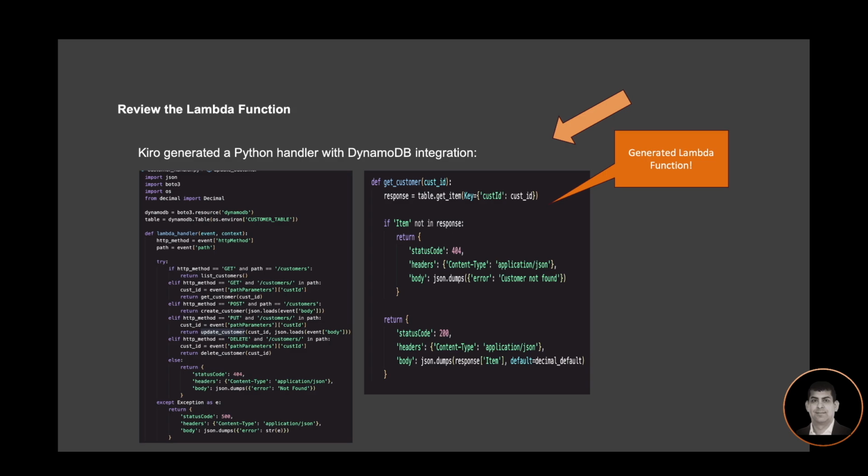And then based on that information, it's creating a decision loop to say that, okay, it's a get request or a post request or a put request or a delete request, and based on that, it's going to route it to the appropriate function module within that Lambda, right? So again, an example here is that here is the get customer, and then it will retrieve the customer and it will return that customer in the response. So that's really what the Lambda function is doing.